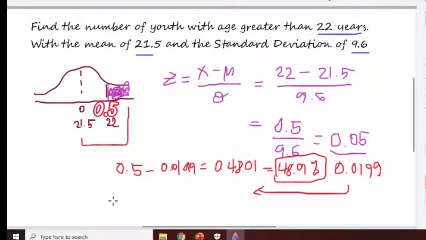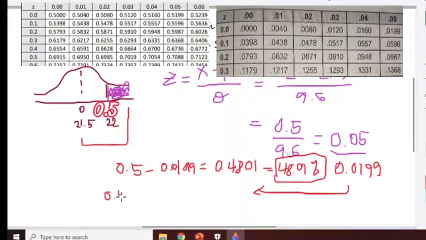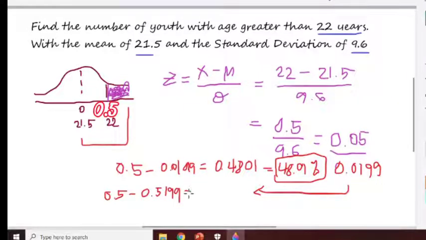And, yung aking version, ang lumabas sa aking note ay 0.5199. So, kapag yan, negative yan. So, wala naman tayong negative percentage.